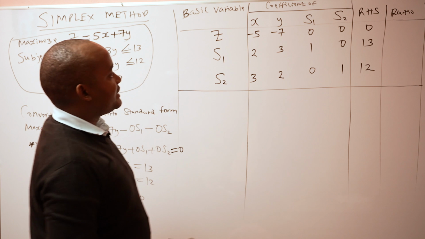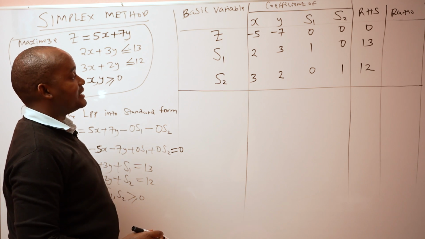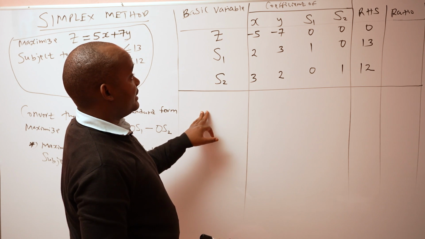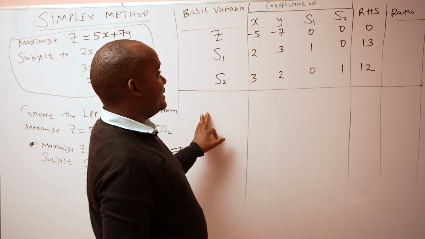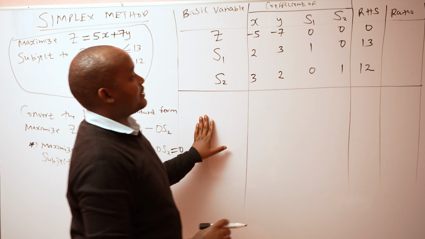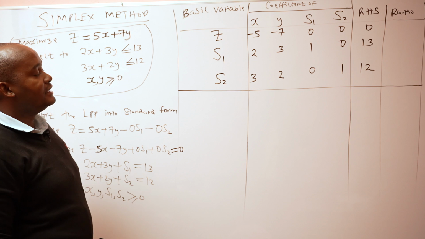So to construct the next simplex table, we perform iterations. But before we look at that, we have to identify what we call the pivotal column, the pivotal row, and also the pivotal element.